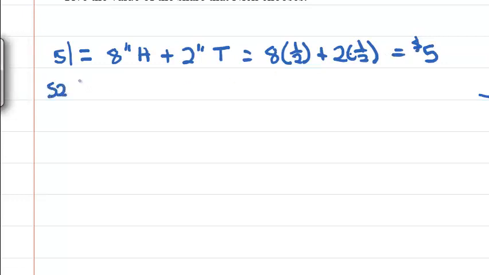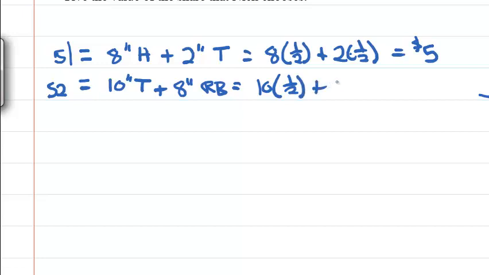S2, 10 inches of turkey plus 8 inches of roast beef equals 10 at $1/2 an inch plus 8 at $1 an inch equals 5 plus 8, $13. This answers the question about how much Nick values each share. S1 $5, S2 $13. And we say that Nick will choose S2 because it's worth more to him.